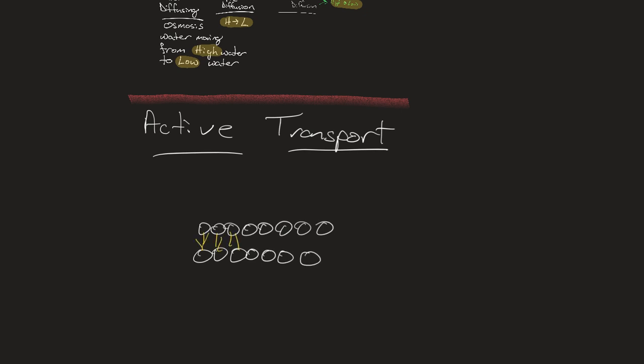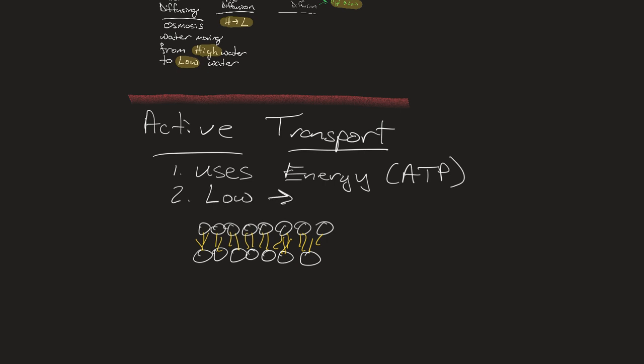Excellent. It's going to use ATP, and in general, there's two things that tell you it's active transport. If you remember this, it probably gets you through every question. Number one, it uses energy, usually ATP in a cell. And two, it goes from low to high.